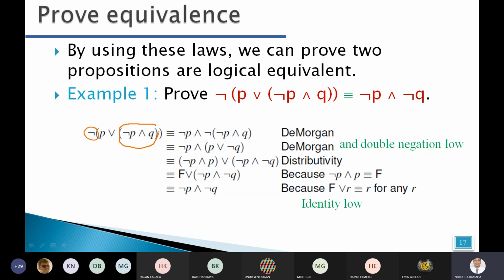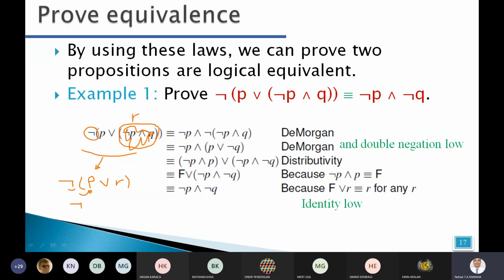It's much easier if you ignore what is inside now. Consider it's R. Then we have this one as not P or R. Using De Morgan's law, we can distribute this not inside.